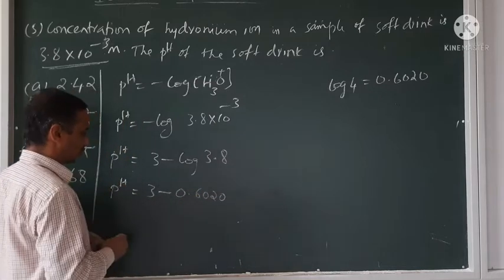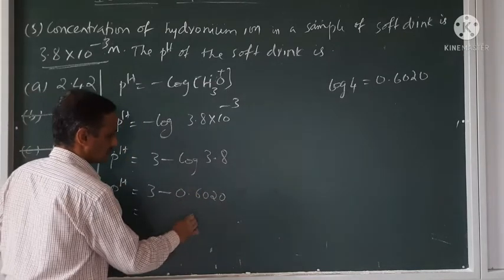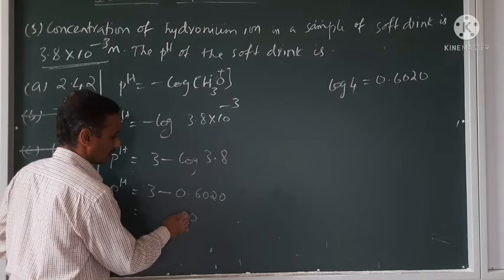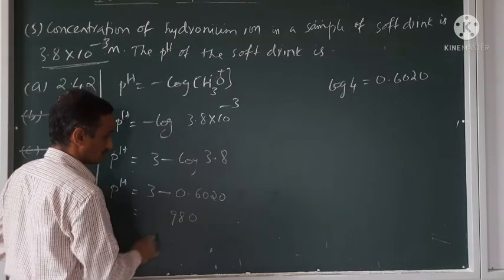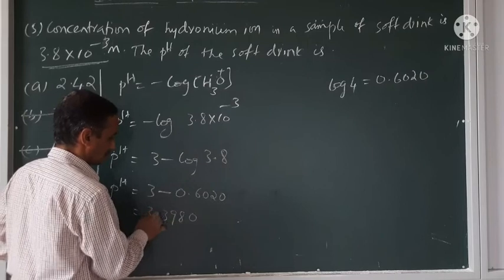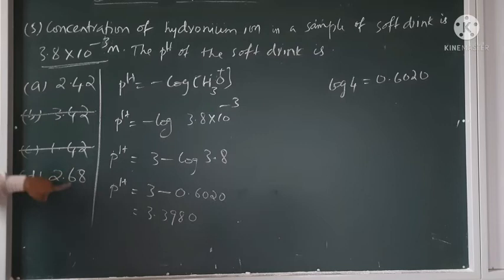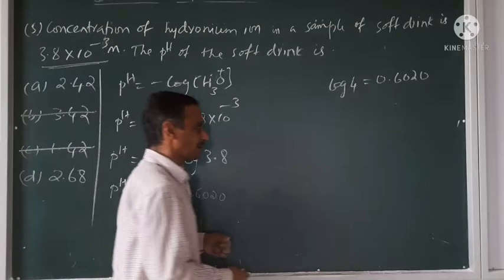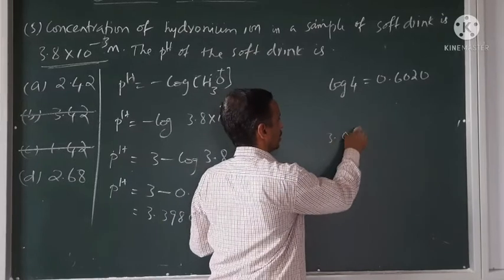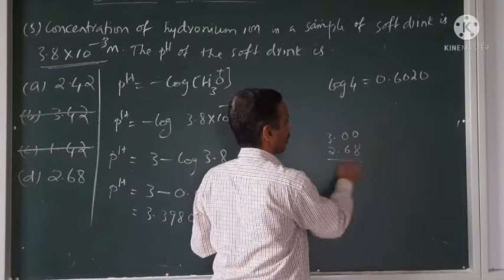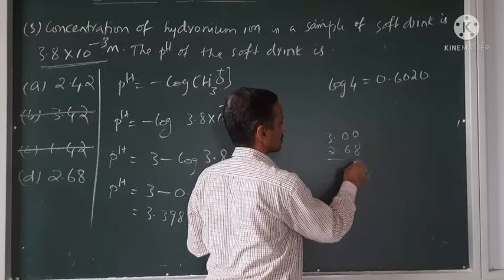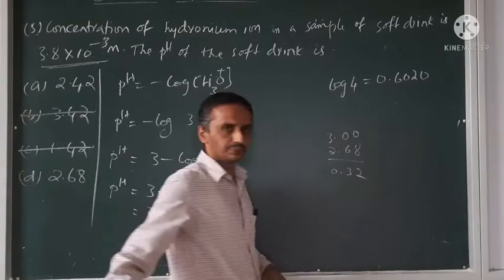If you subtract 0.6020 from 3, what do I get? 2.3980. That means my answer is between 2.68 and 2.42, and I have to decide whether it is this one or this one. If 2.68 were the answer, what should happen? 3 minus 2.68, how much is that? 0.32.